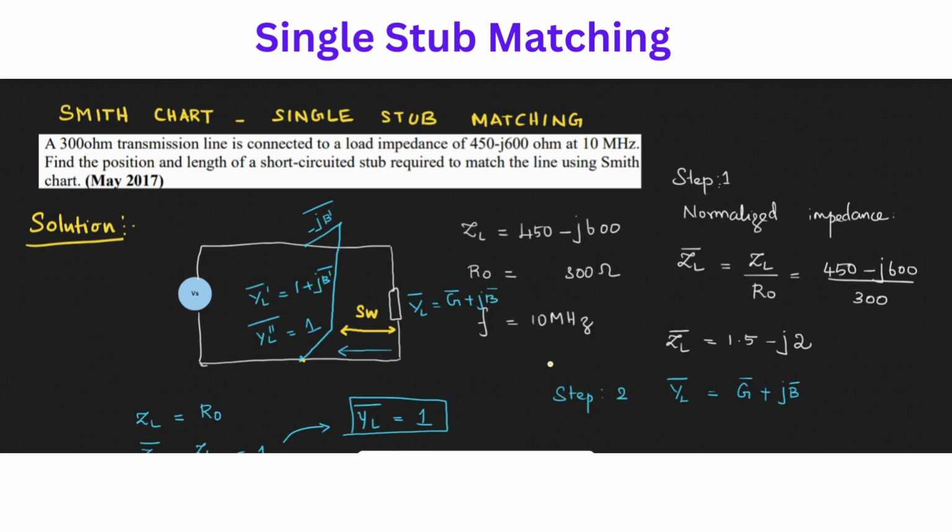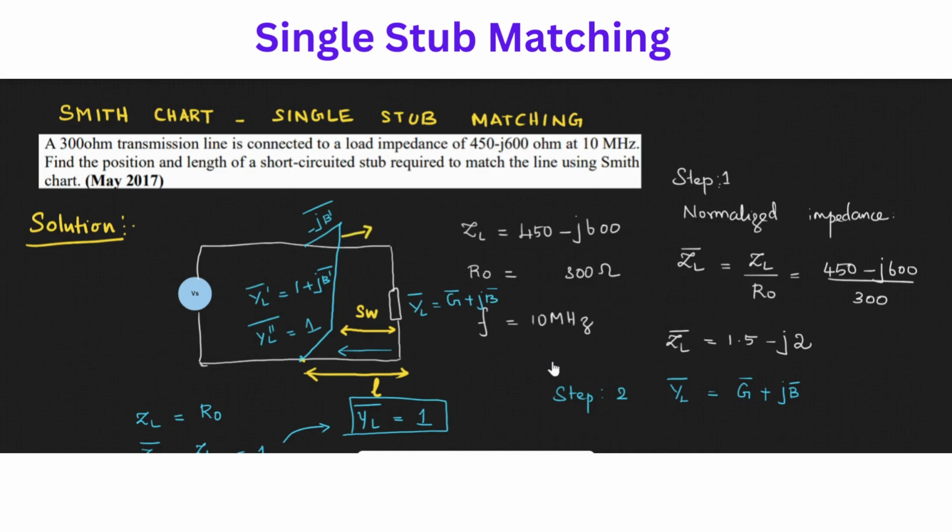Here we have to find out two parameters, one being the position or location of the stub. So this distance, as I'm marking in yellow color, will tell me at what length we should position the stub. And one more thing, the length of the stub.